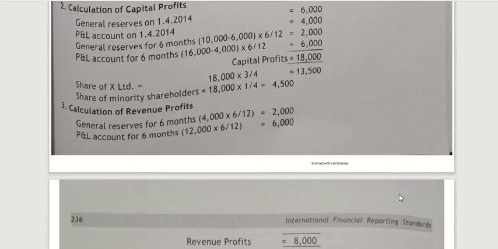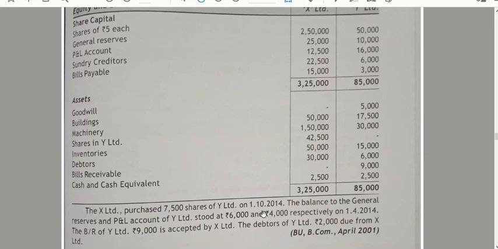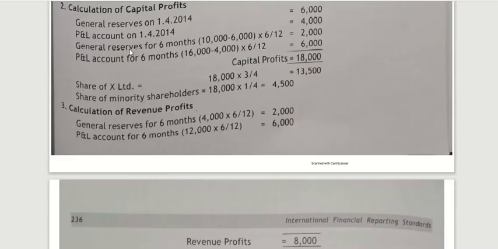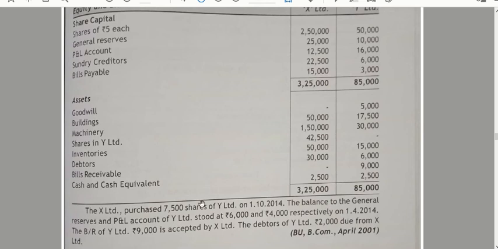Step number 2, calculation of capital profits. What is your date of purchase? Your date of purchase is 1/10/2014. So the general reserve and the profit and loss account before 1/10/2014 are considered to be your capital profits. General reserve as on 1/4/2014 is 6,000, which they have given in your additional information, and the profit and loss account is 4,000 on 1/4/2014.